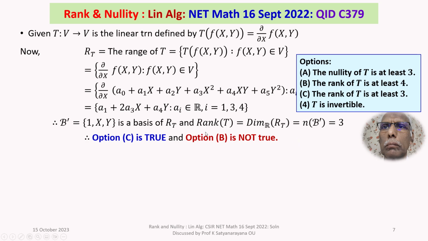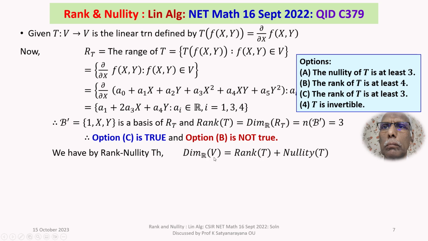Agreed. Having known the rank of T, we can find the nullity of T by using the rank-nullity theorem. By the rank-nullity theorem, the dimension of the domain space V over R is equal to the rank of T plus the nullity of T. The dimension of the domain space is 6 and the rank of T is 3.